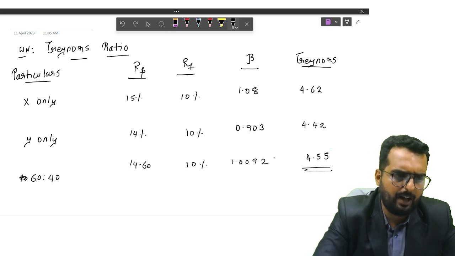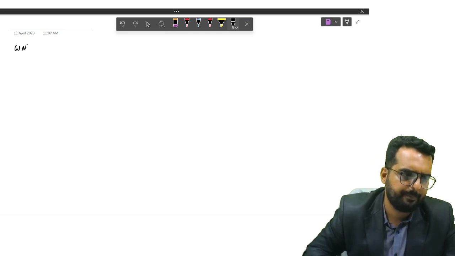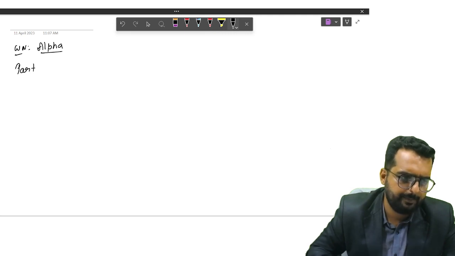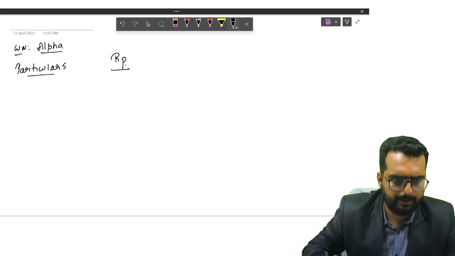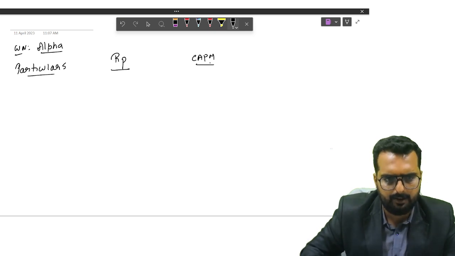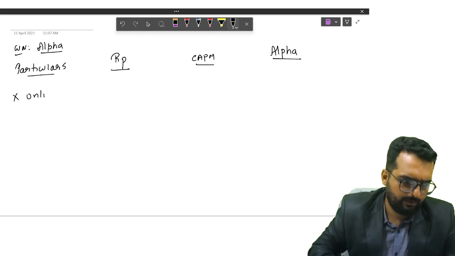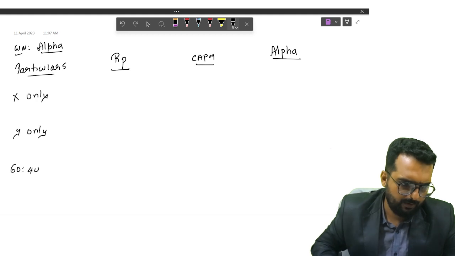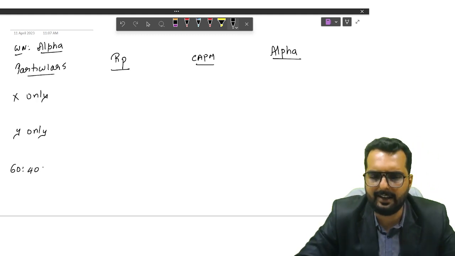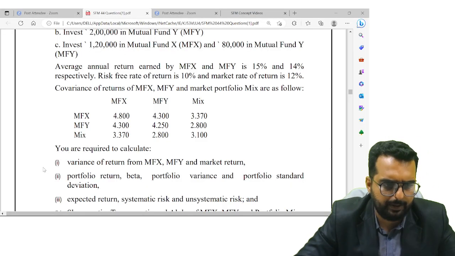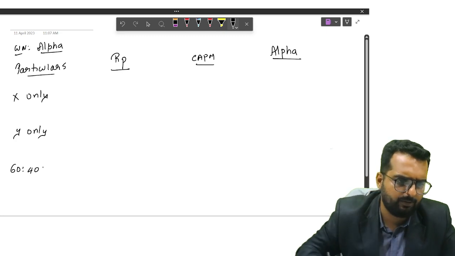Next, we are going to go to the last one, that is called as alpha. Alpha, how will we do it? We have to take and write down the Rp minus CAPM return will give you the alpha. The first one will be X only, then you will have Y only, and then you will have X as well as Y. So Rp, what is the Rp that you have for X only?